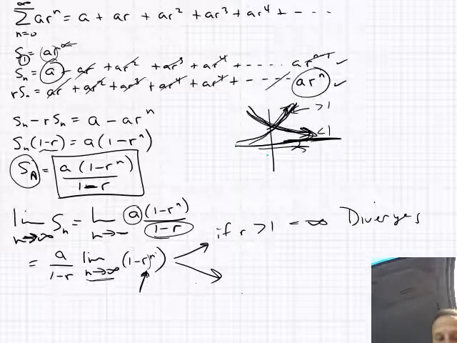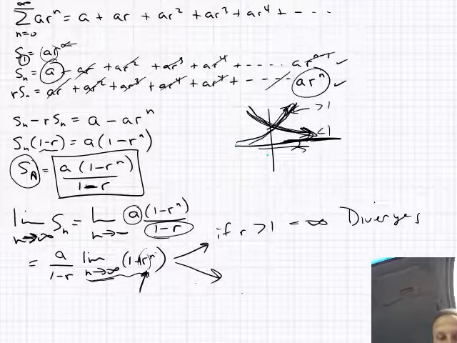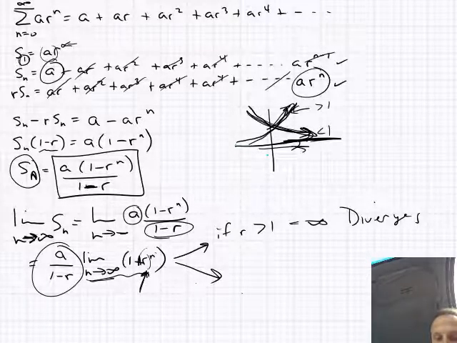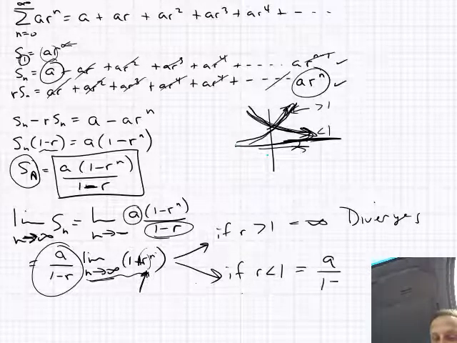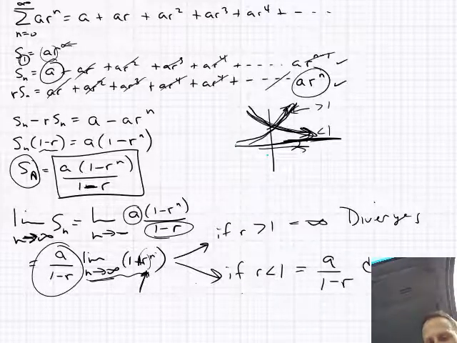So this thing goes to 0, and therefore this limit goes to 0, or this limit goes to 1 because you'd have 1 plus 0, and you have just this left over. So if r is less than 1, you would get a over 1 minus r as your answer, which is just a constant, and therefore it converges.